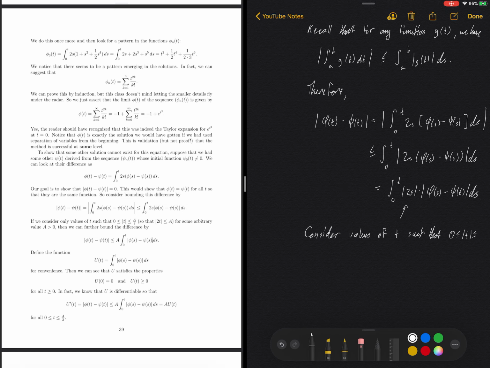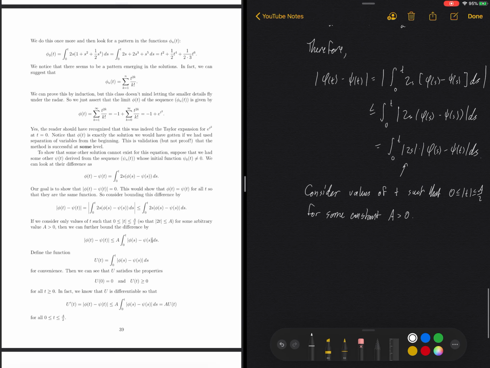Consider values of t such that the absolute value of t is no bigger than a over 2 for some constant a greater than 0.